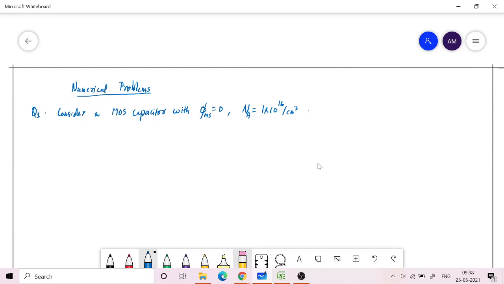Question is, what is the work function psi s of the silicon substrate at room temperature?